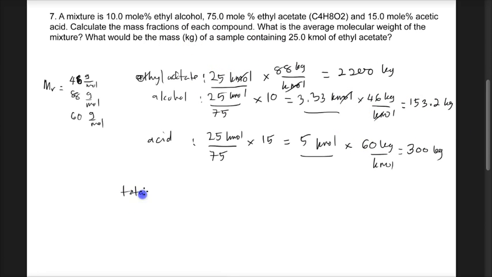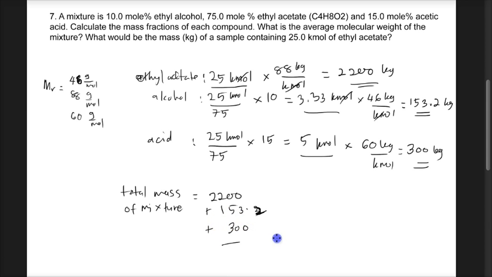So the total mass of the mixture is the summation of all these: 2200 plus 153.2 plus 300 kilograms.